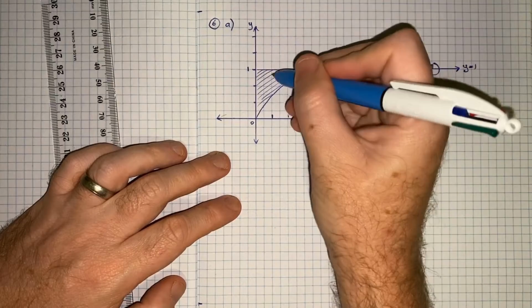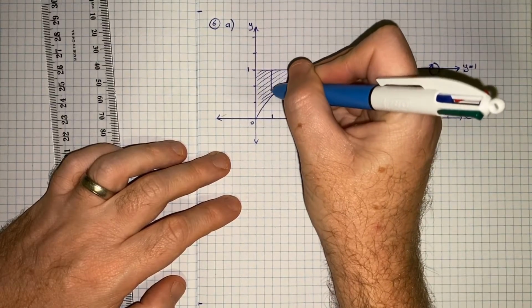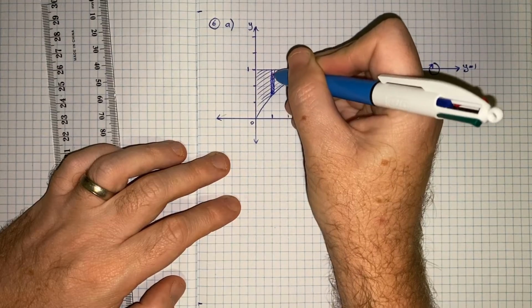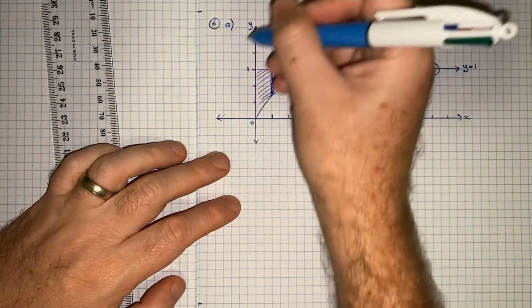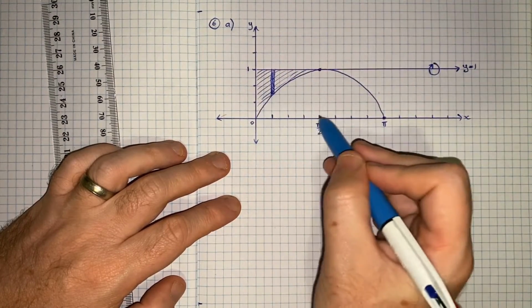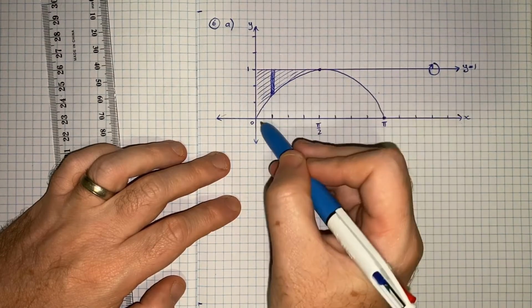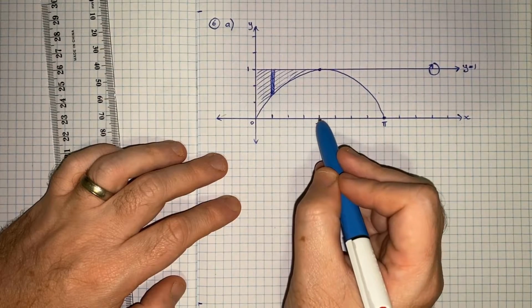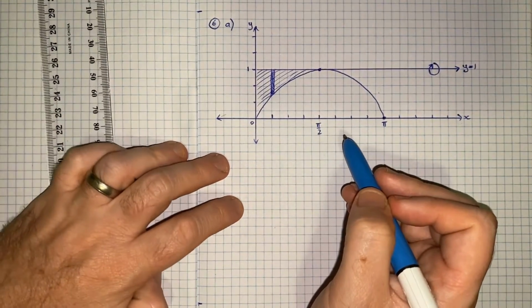And basically the method we're going to use for part A is we pick a slice, and then we rotate that slice around the axis, and we repeat it for all the values in the region that we care about. So here between x is 0 and x is equal to pi on 2.